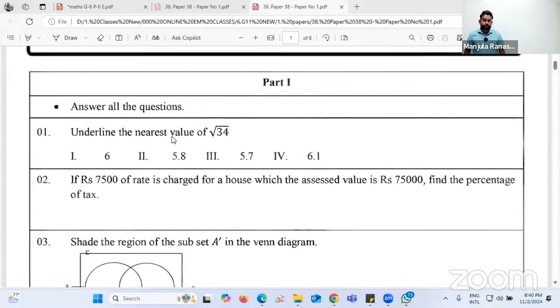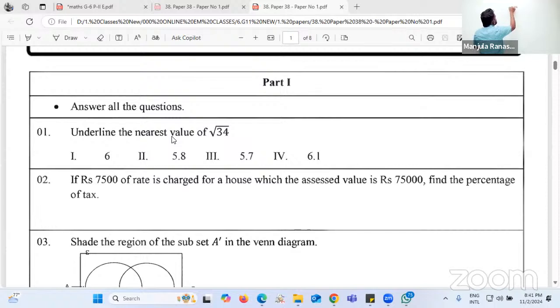See there, first question: underline the nearest value of square root 34. So the first approximation, they are asking the value here. Now we will check the way of doing it. Square root 34.